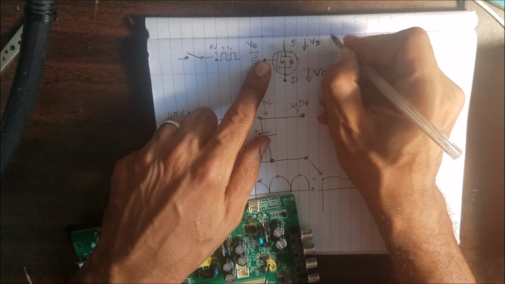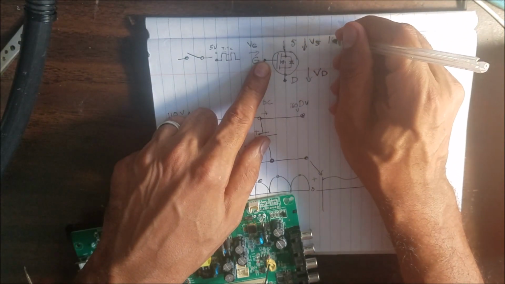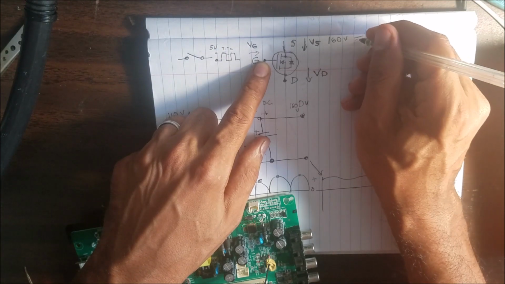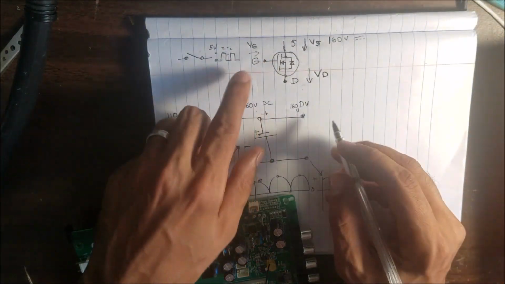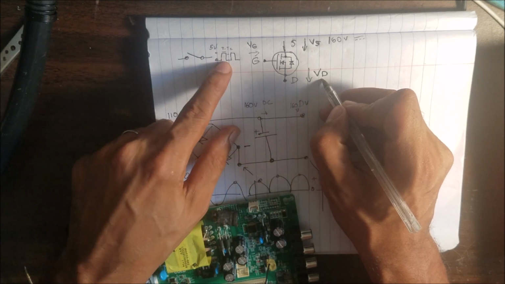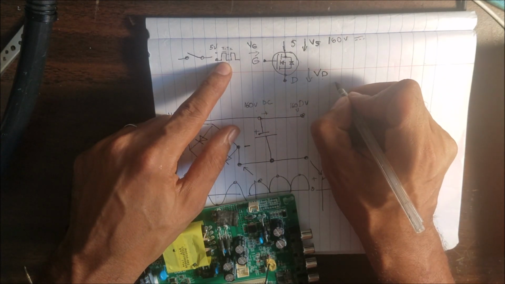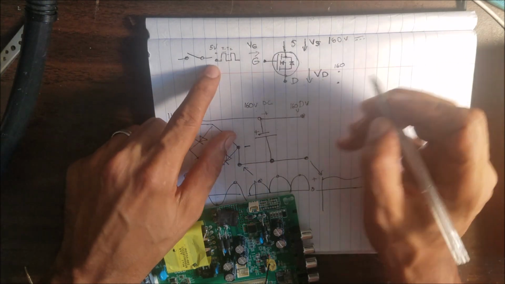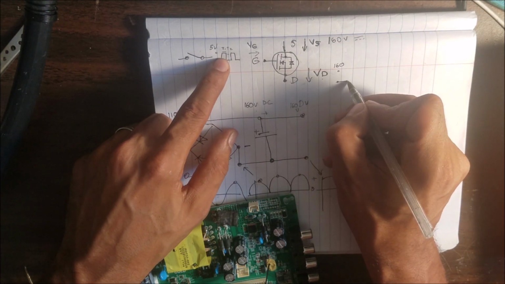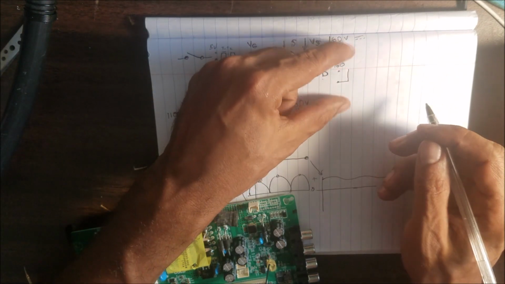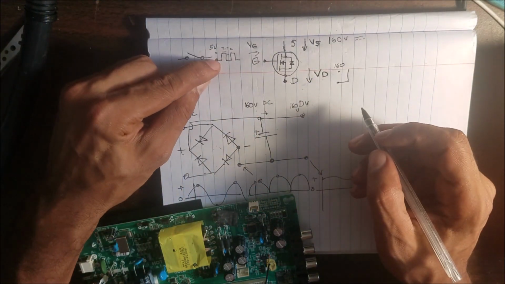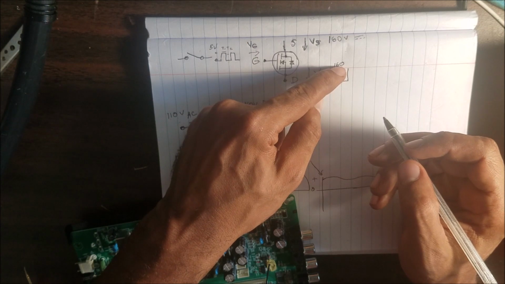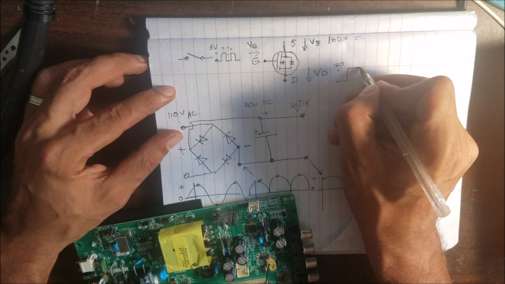So here we're going to have 160 volt, and it is AC, one line. In the VD, we're going to have from 0 to 160 volt, but we're going to have the same shape of this wave. It just, the wave is very big. Here from 0 to 5 volt, here from 0 to 160 volt.